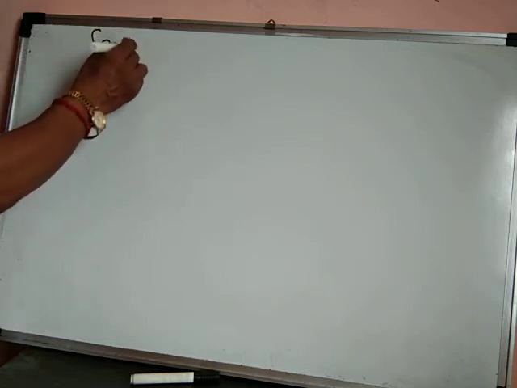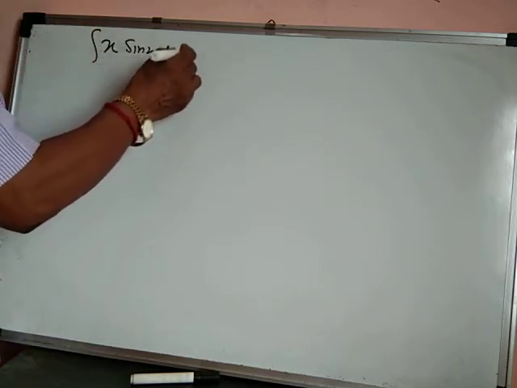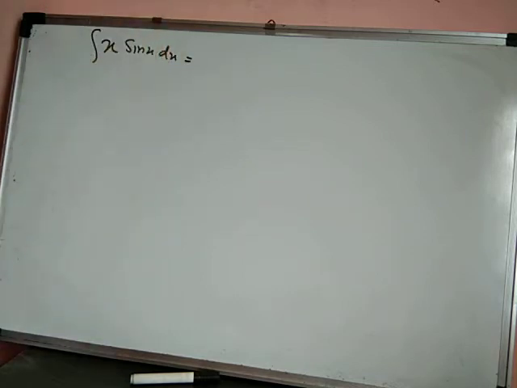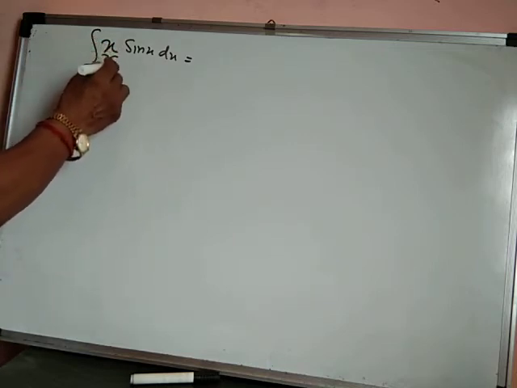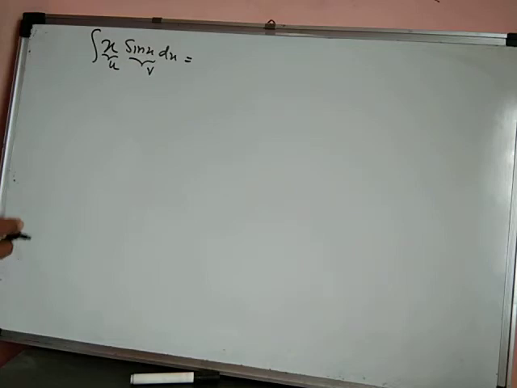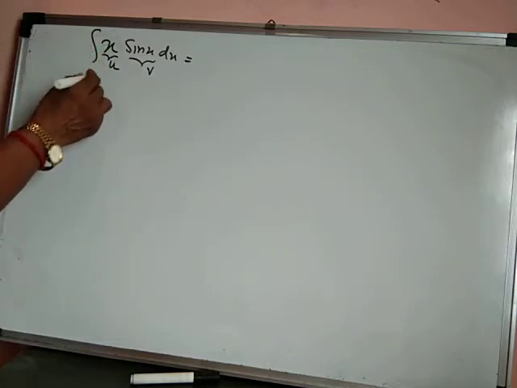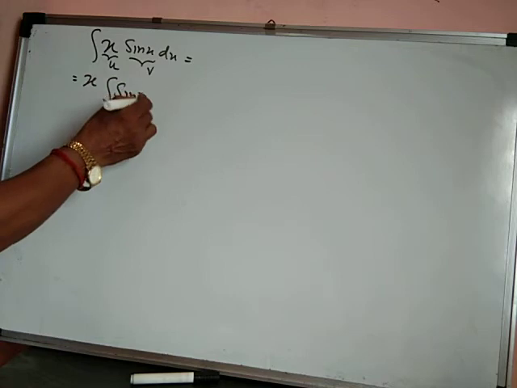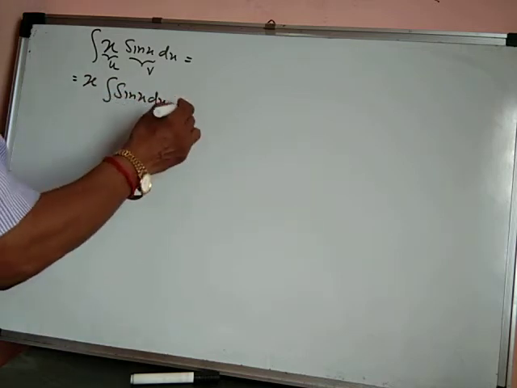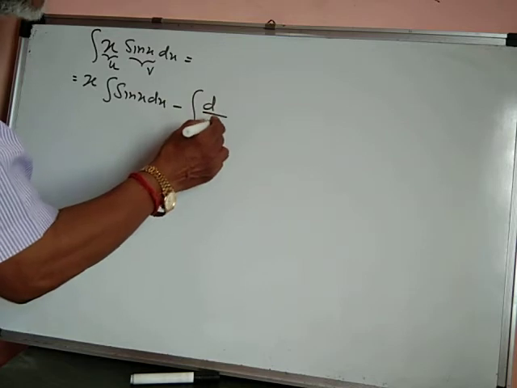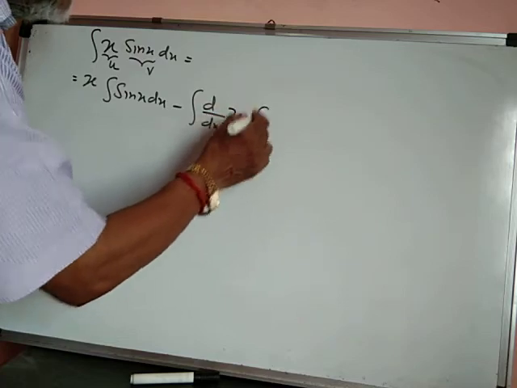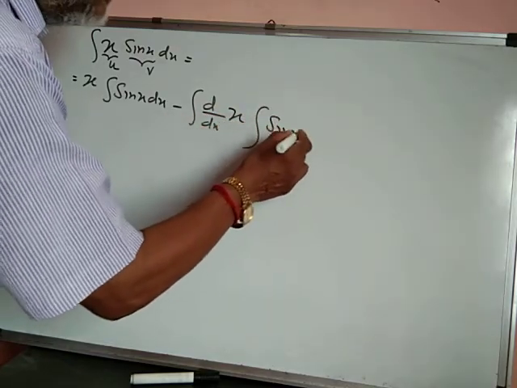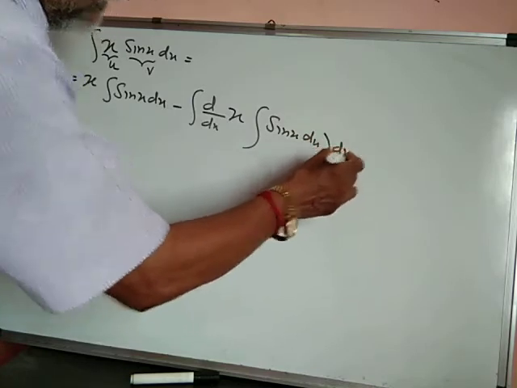So I am taking some examples that will make it clear for you. Now see here, x sin x dx. Now x is an algebraic function, sin is a trigonometric function, so this will be u and this will be v. So write u into integration of v, so integration of sin x dx, minus d by dx of u into integration of v dx, the whole into dx.